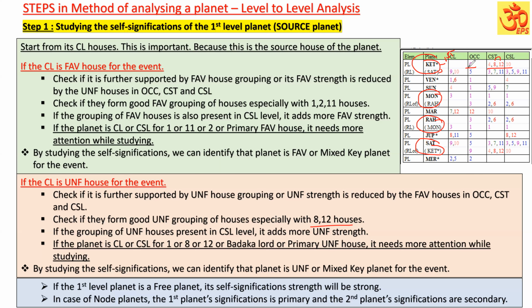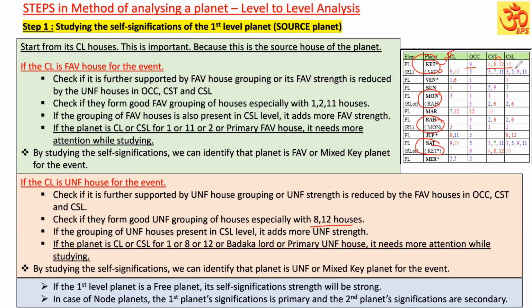Ketu's primary unfavorable significations will get reduced by the favorable grouping of the second planet. Though this planet is getting some strength from Saturn, that is only secondary. Ketu primarily has unfavorable, but secondarily it is getting some strength, so the unfavorable strength will be reduced.